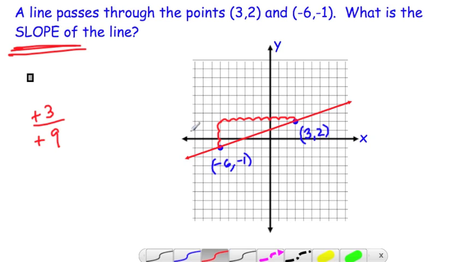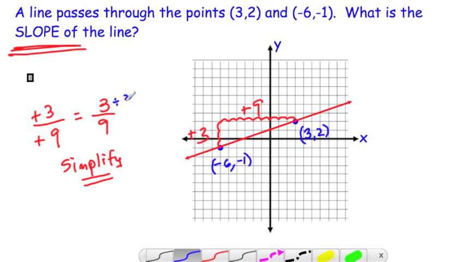Because if I'm going up 3 and then to the right 9, a positive over positive is a positive. I don't have to write that. Now, of course I can simplify. I can reduce. So let's divide by 3. 3 divided by 3 is 1. 9 divided by 3 is 3. So the slope is actually 1/3.